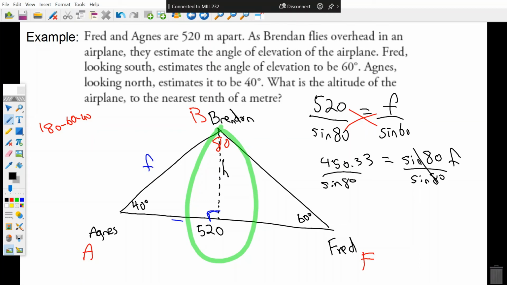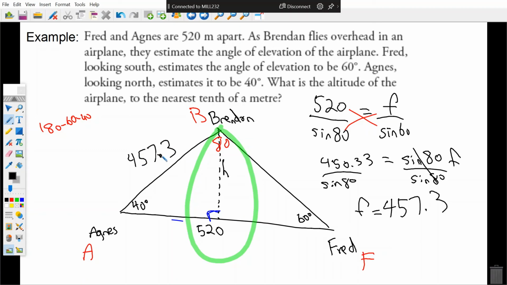So the length of F, rounded to 1 decimal place, is 457.3. So this length right here is 457.3.